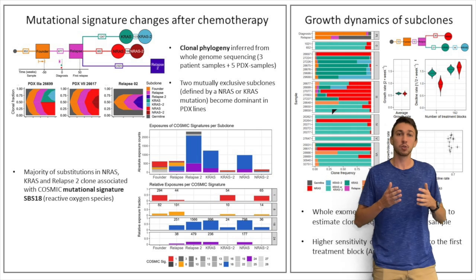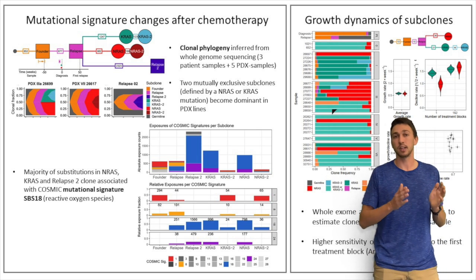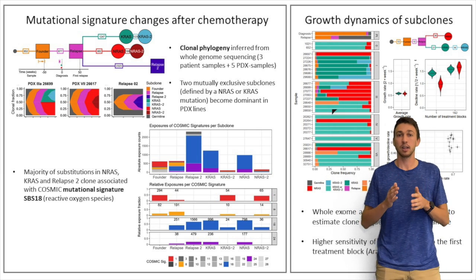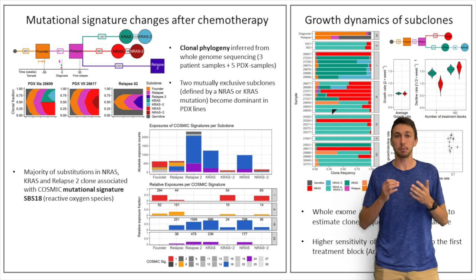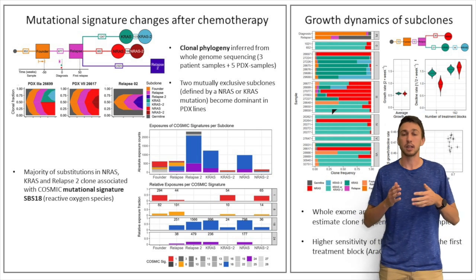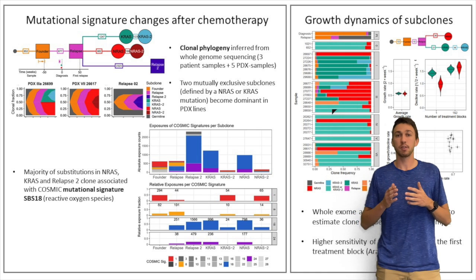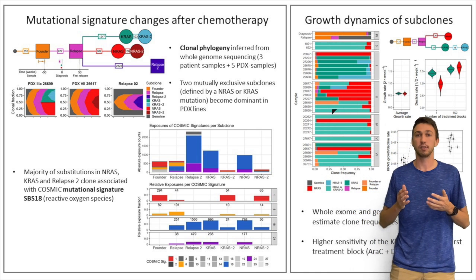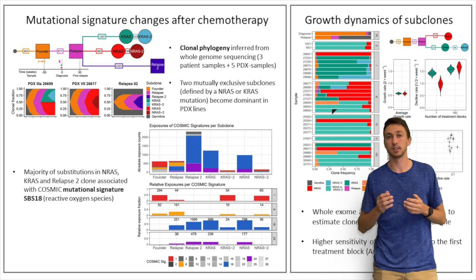We then went on to characterize the substitutions that define the different subclones in more detail using signature analysis with YAPSA. For the founder clone, we found that most mutations are associated with signature 1, which probably just reflects endogenous mutational processes.